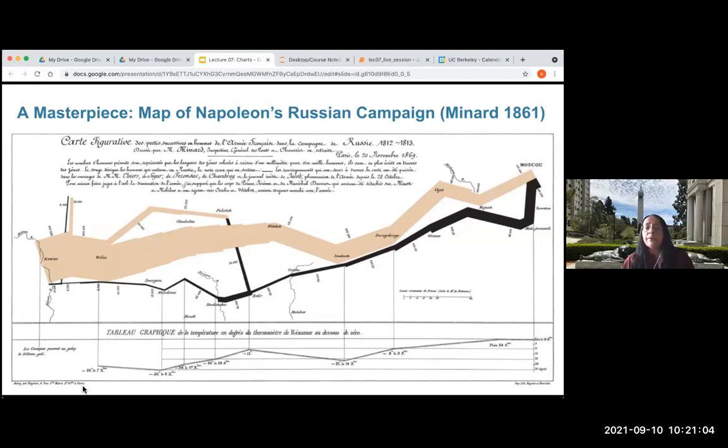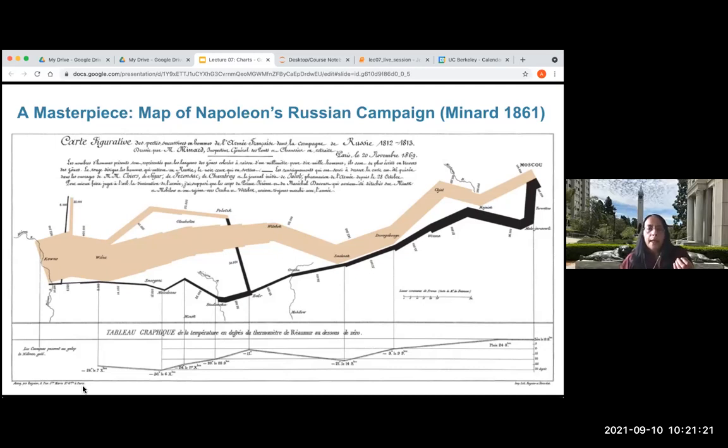That was in 1854. And yes, exactly, the water pump graphs, and he had little rectangles which he was using to mark the deaths at each address.